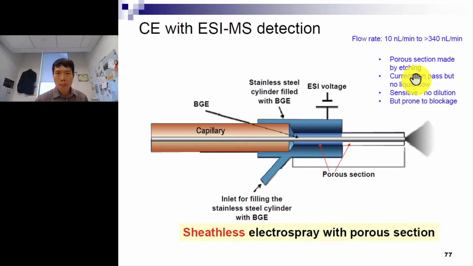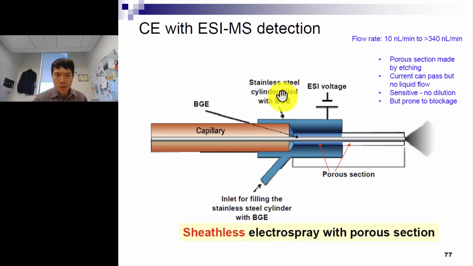Another diagram for you. Typically your flow rate with ESI-MS detection is about 10 nanoliters per minute to as high as more than 340 nanoliters per minute. The good thing is that here you can have a porous section made by etching. This is the background electrolyte, and you see that this is a very narrow capillary.